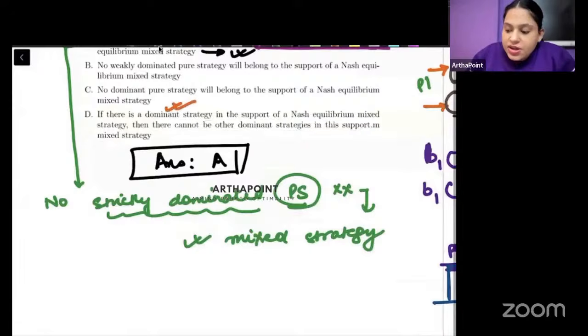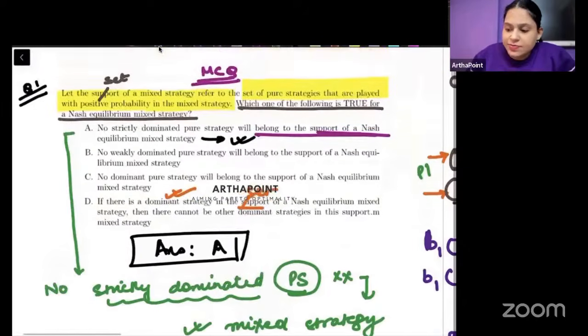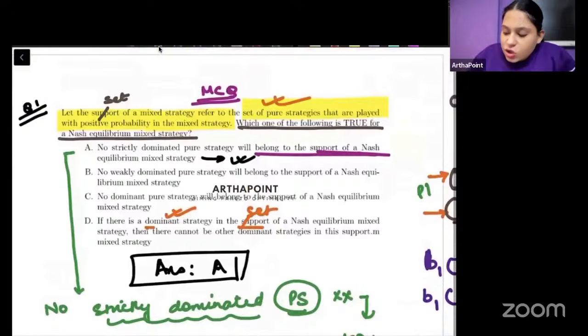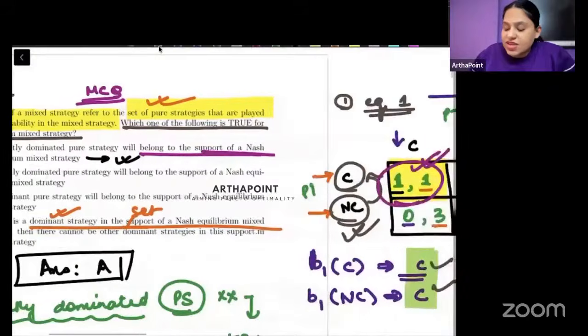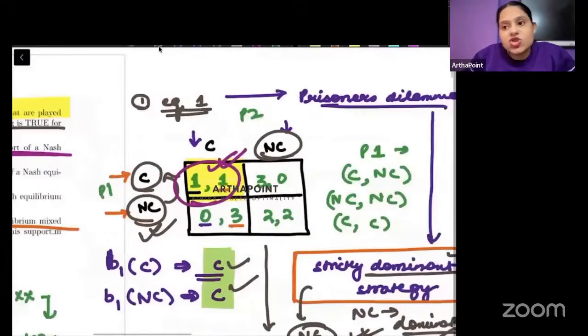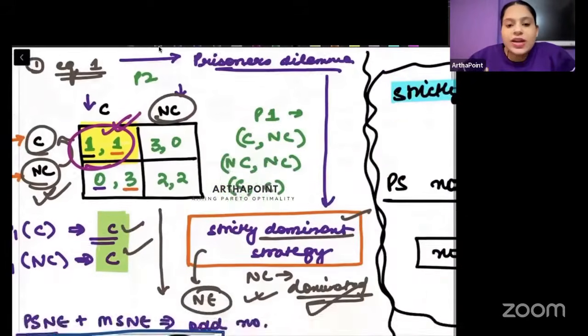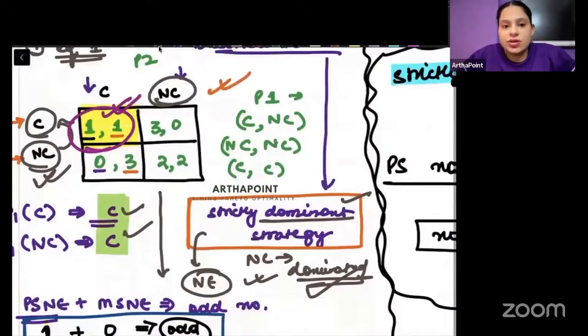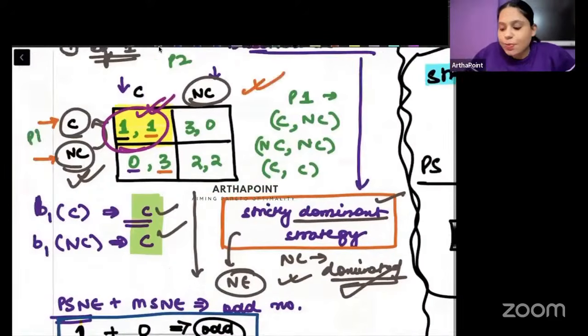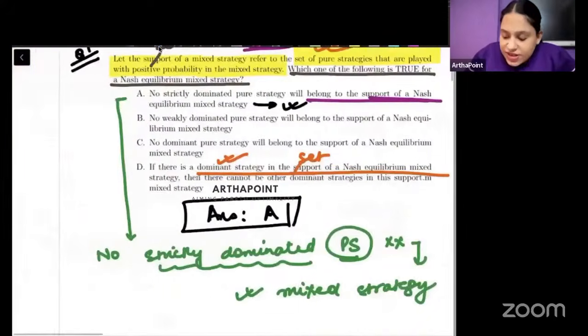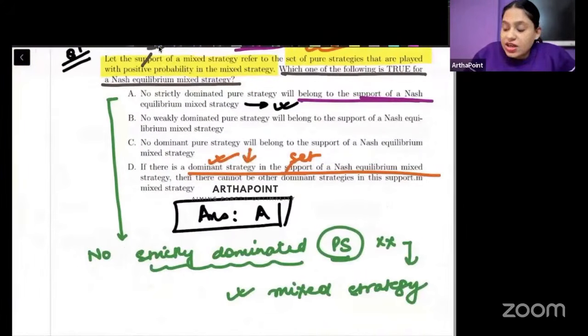If there is a dominant strategy, mixed strategy will not exist, so we cannot have the existence of mixed strategy there. Therefore, D is already incorrect. If there is a presence of a dominant strategy, the set of mixed strategy will be a phi set. It will be a null set.